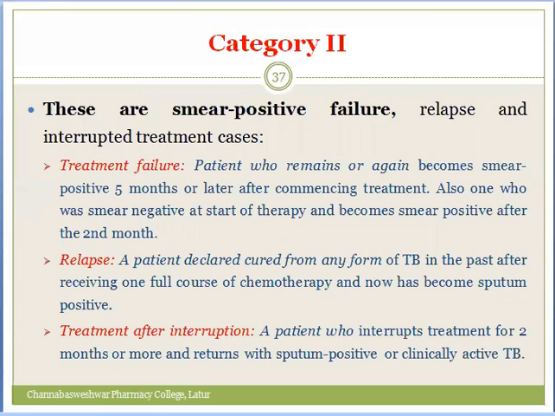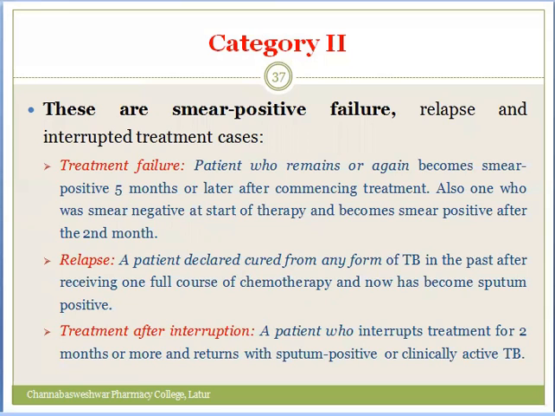First is treatment failure: patients who remain or again become smear positive at 5 months or later after commencing treatment. Also, a patient who was smear negative at the start of therapy and becomes smear positive after 2 months of treatment comes under category 2.